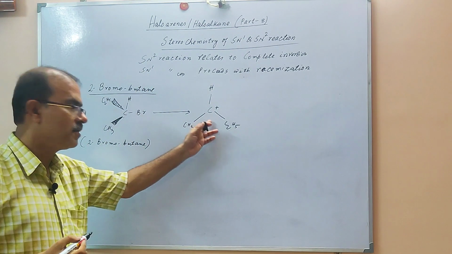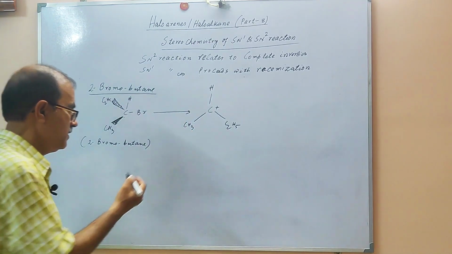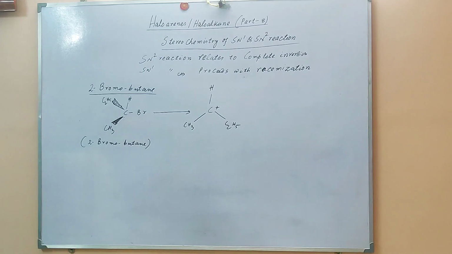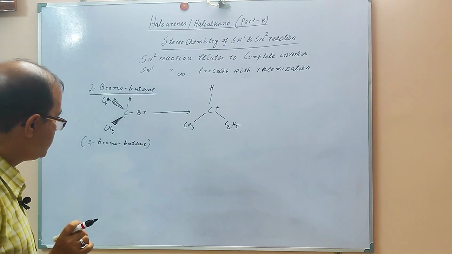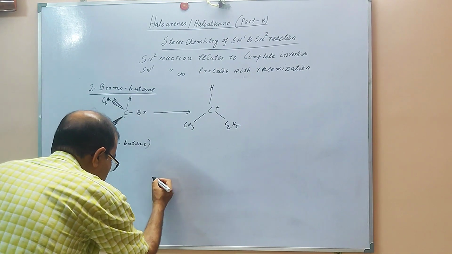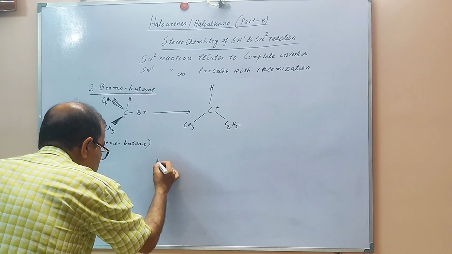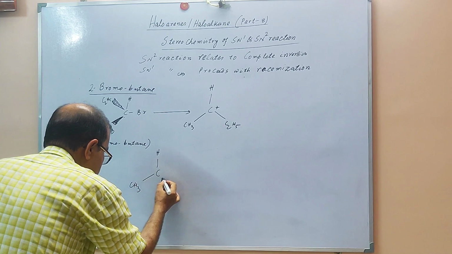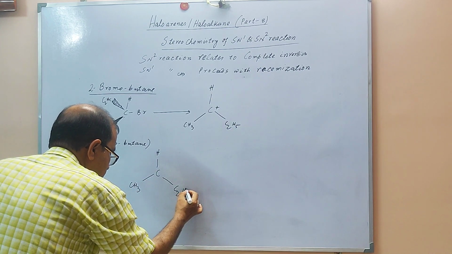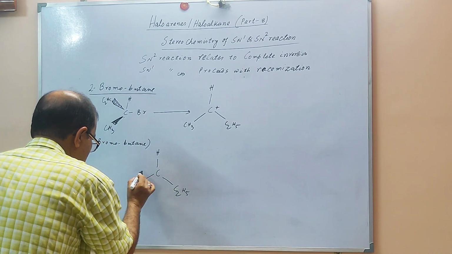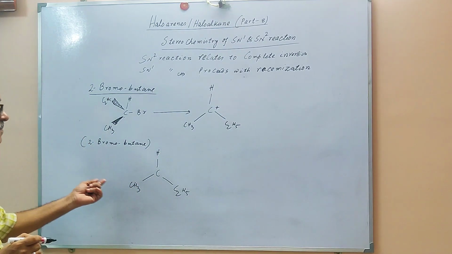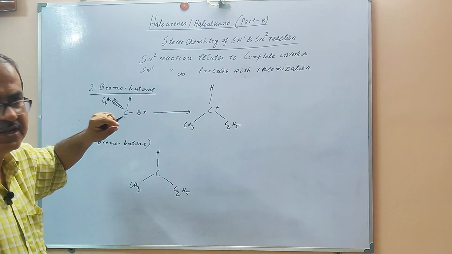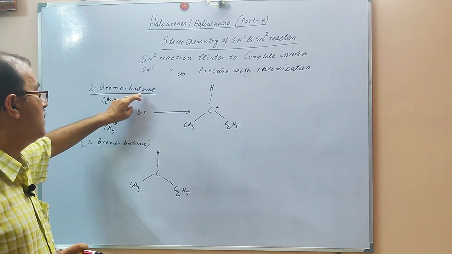This carbon atom is sp2 hybridized. Now when there is an addition of OH minus, the OH can be added at the position where initially there is the bromine atom, the halide ion.